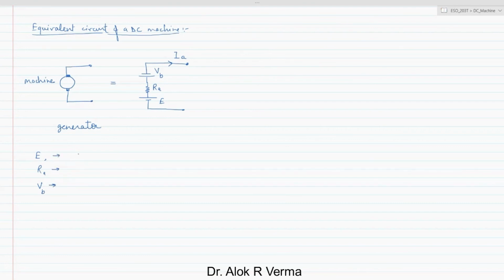E is the generated EMF, then we have armature resistance, and then the voltage drop at the brush contact. Because it's not a 100% perfect electrical connection, there will be some voltage drop which is incorporated as VB.